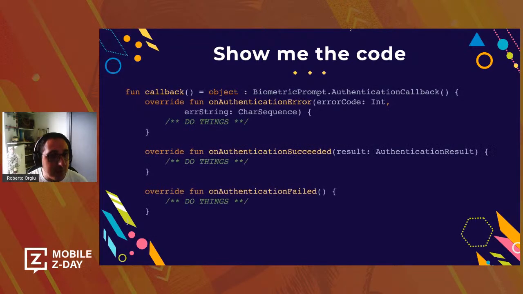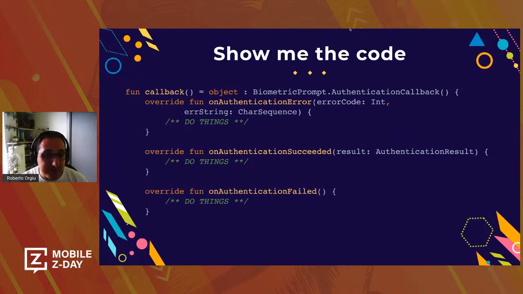As we talked about a few minutes ago, we need, again, a callback. And our callback here has, well, three states. The one that we expect will be the succeeded, where we have the result of our authentication.